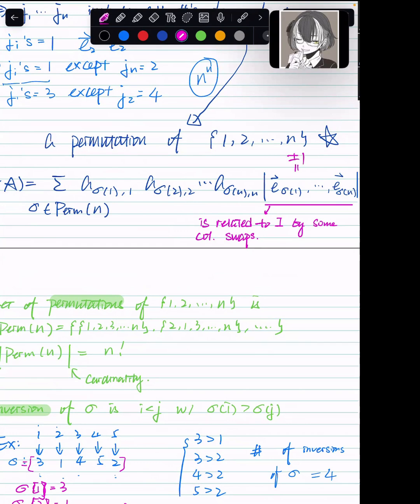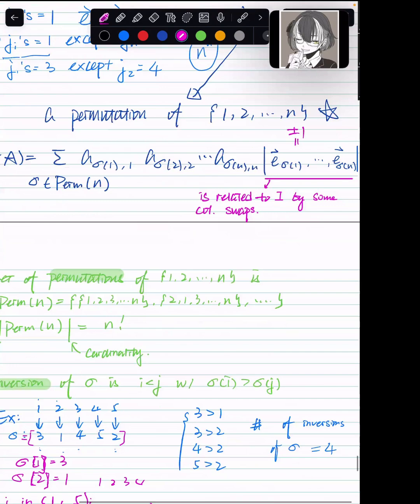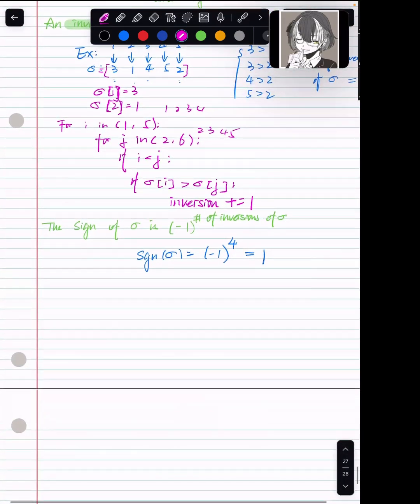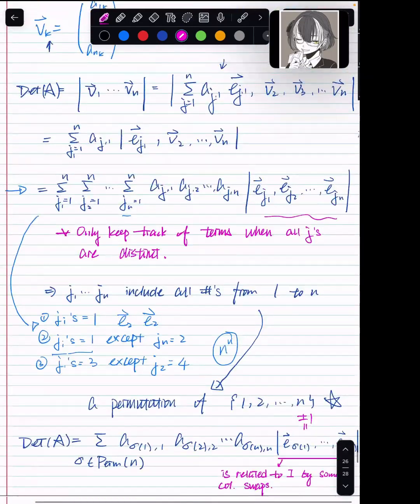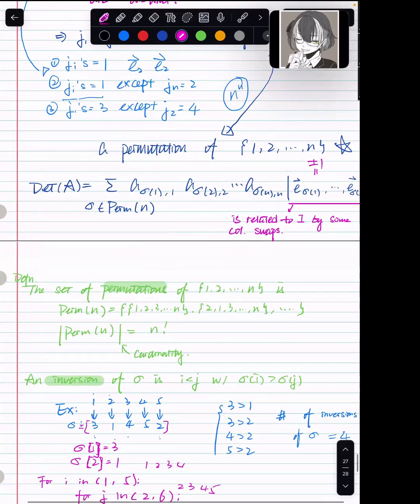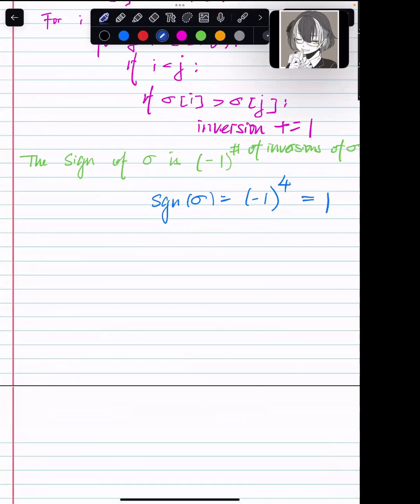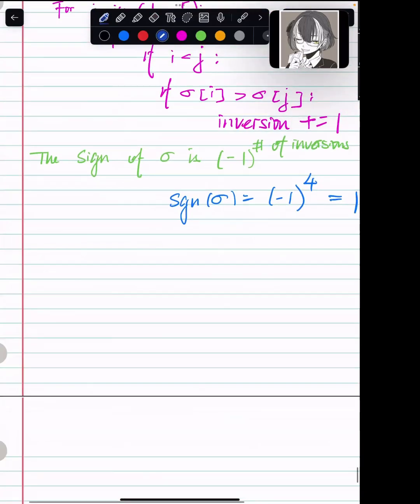Since we defined the sign of sigma, we say this +1 or -1 is defined by the sign. So we claim that the determinant of E sigma 1 all the way to E sigma n equals the sign of sigma.